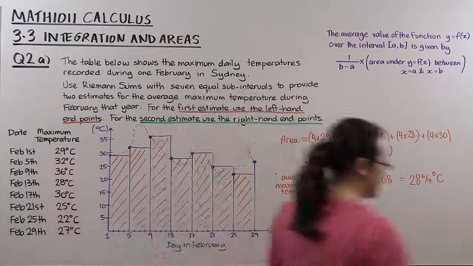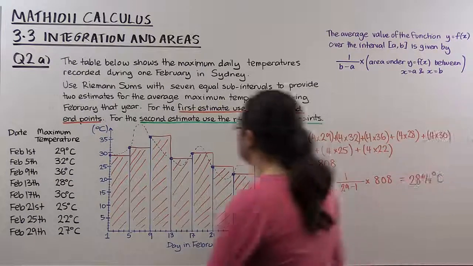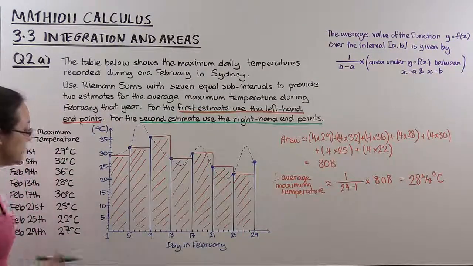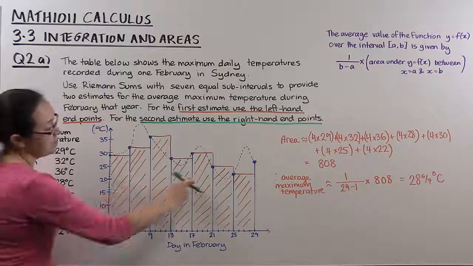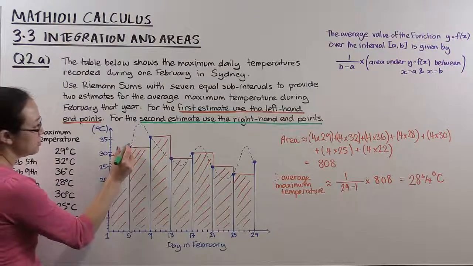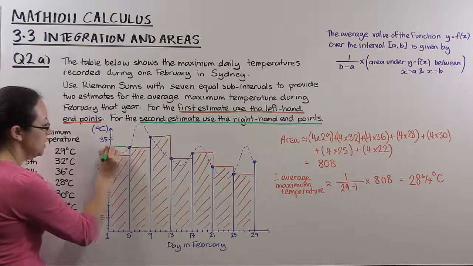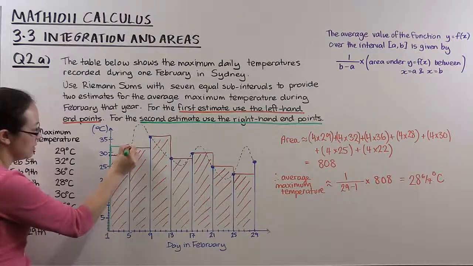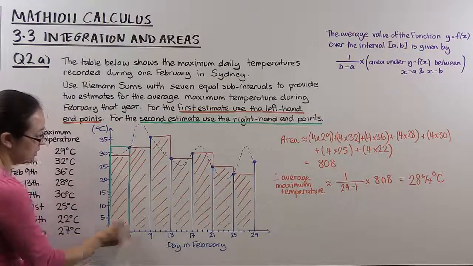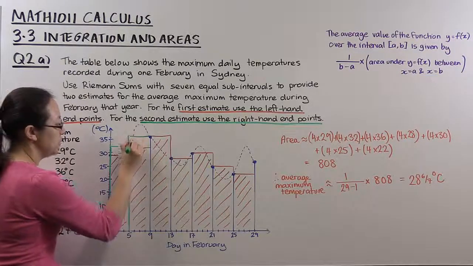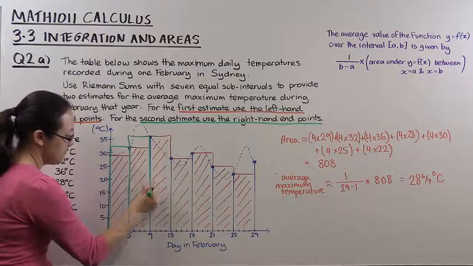Now, for the second estimate, I'll just change to green here. If I want to use the right-hand endpoints, then I've still got my 7 subintervals here, but for this first subinterval, I use this rightmost endpoint, and I calculate the area. I estimate the area as the area of this rectangle here. In the second strip, the rightmost endpoint is here.